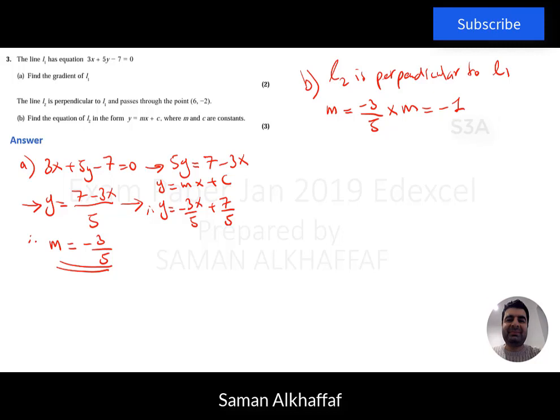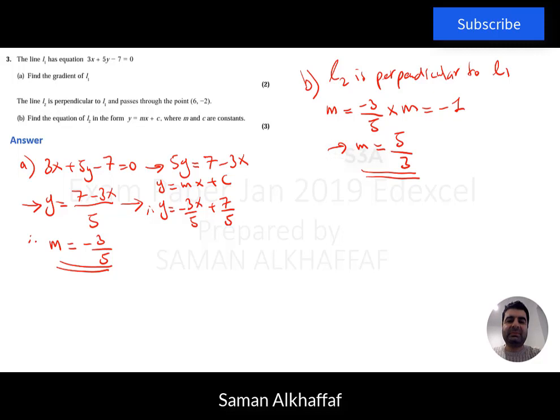So that will give us m equal to 5 over 3, as we are inverting the sign, and also because that's the relationship between the normal gradient and the perpendicular gradient. So that will be the new gradient that we will use.